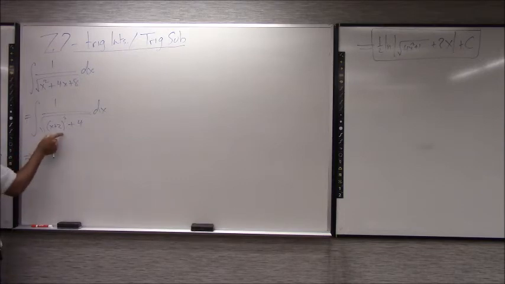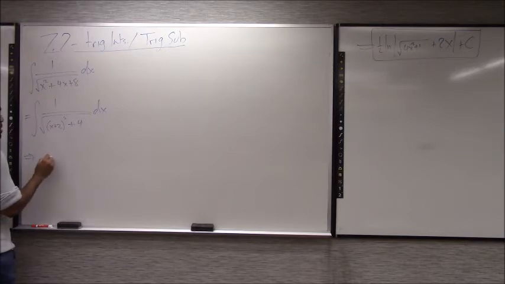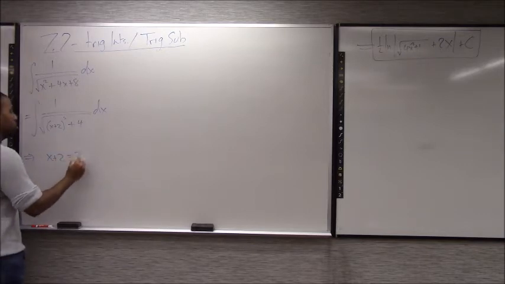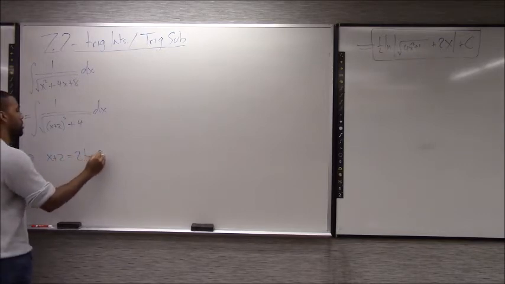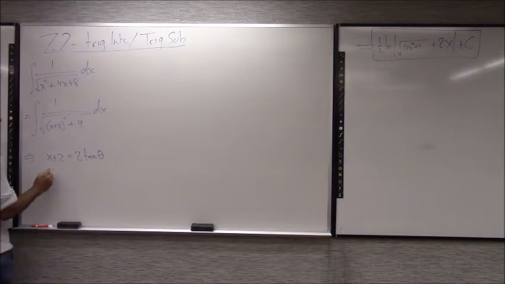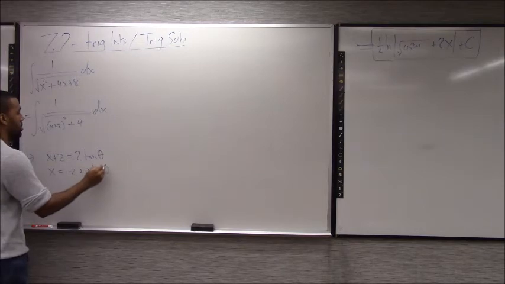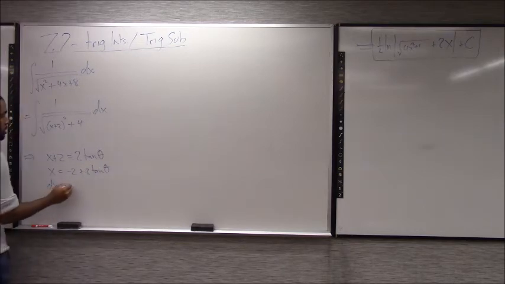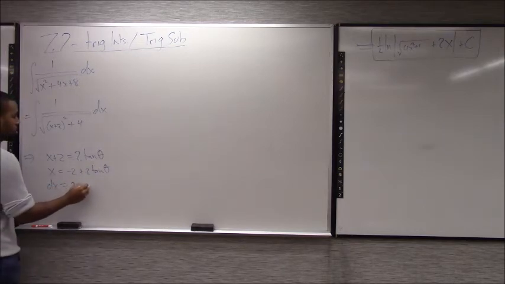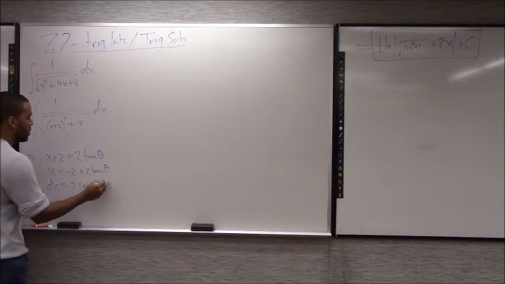So again, this is just like a variable squared plus a constant squared. This is really 2 squared. So I would set my x plus 2 equal to 2 tangent theta. In other words, my x is equal to minus 2 plus 2 tangent theta. So my dx would be 2 secant squared theta d theta.